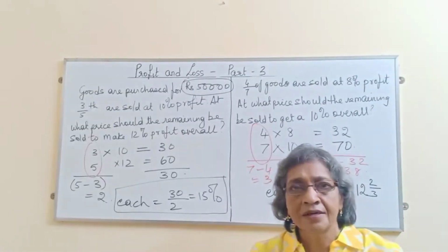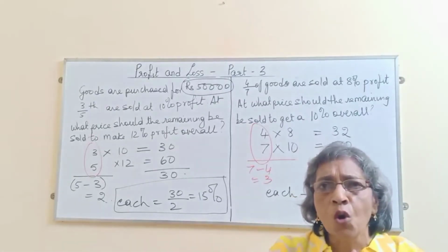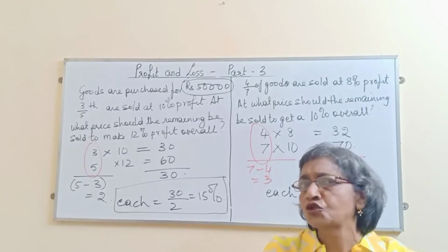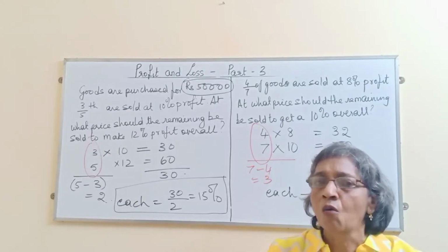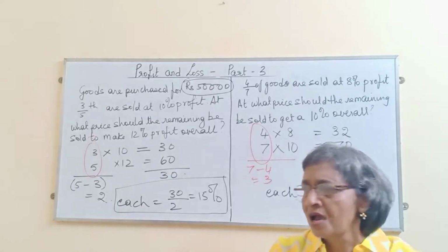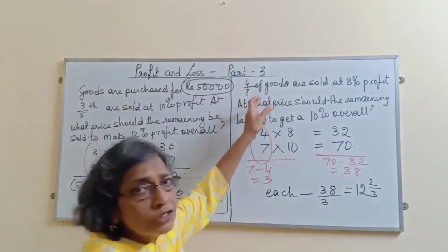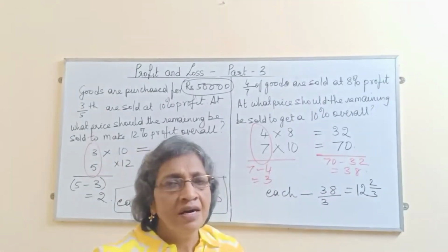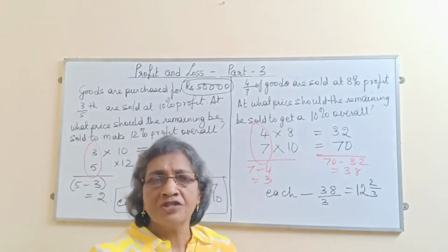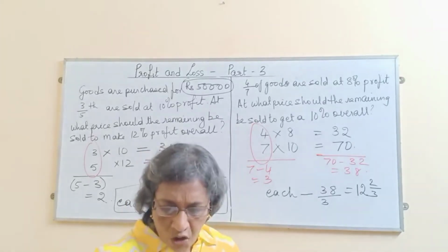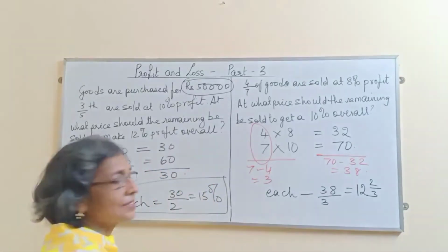Is that clear? You need not know what is the value, how many articles purchased. That is not important at all. What is important is the fractions. Now, like we took in the first sum, you may not be given a fraction, but you may be given a percentage. Convert that percentage to a fraction and do the same method. Is this clear? Okay. We go on to the next sum.